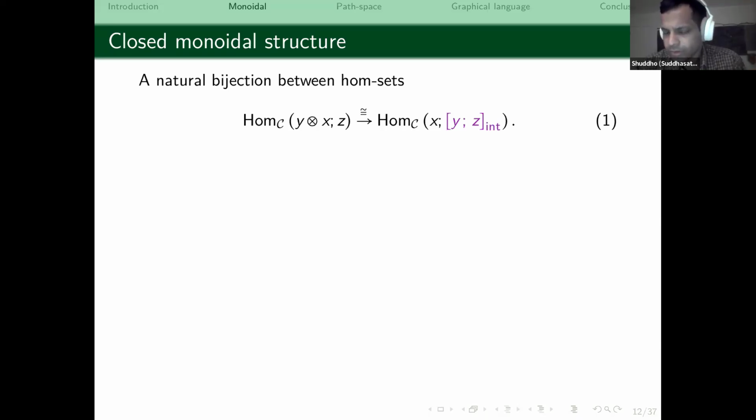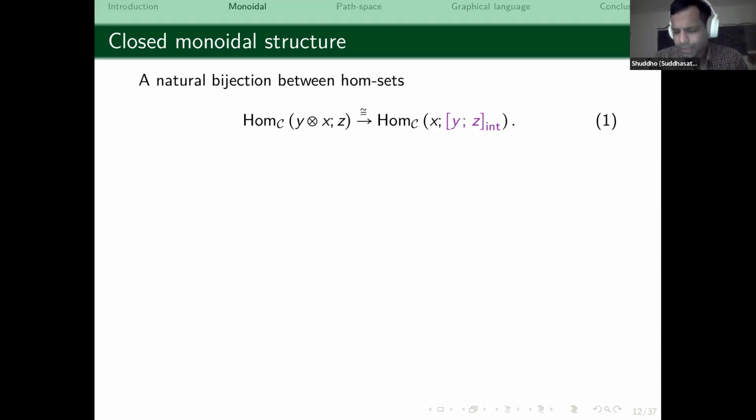One of the breakthrough discoveries or concepts of category theory, such that for every object X we have this natural bijection of home sets, meaning there's a one-to-one correspondence between all arrows from an object X into the internal home object [Y, Z] and arrows from Y times X to Z.